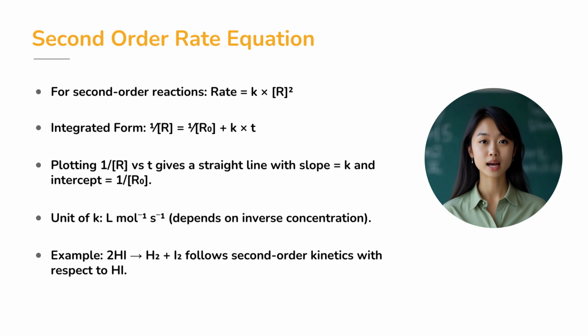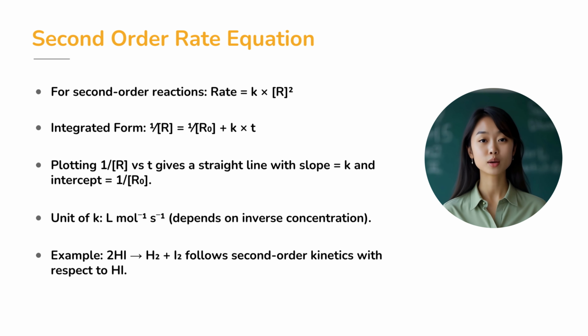For second-order reactions, the rate of reaction is proportional to the square of the concentration of the reactant. Mathematically, it is written as rate equals k times [R] squared. The integrated form of this equation is 1 over [R] equals 1 over [R]0 plus k times t.